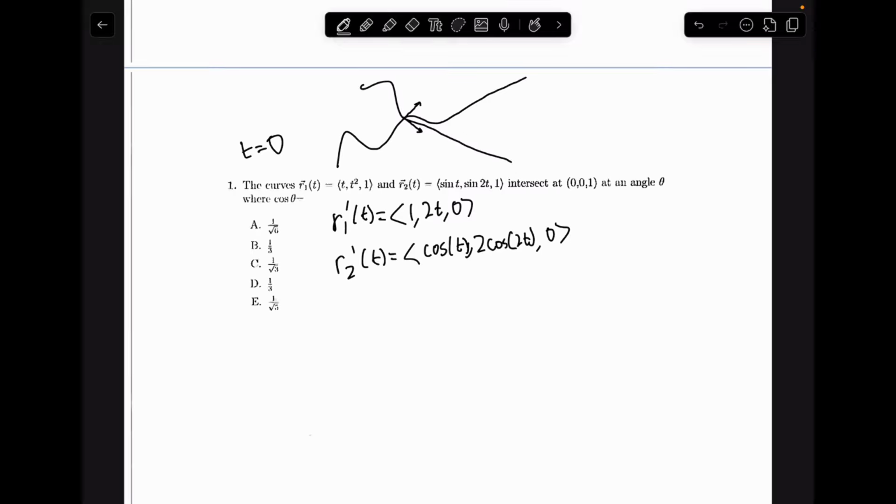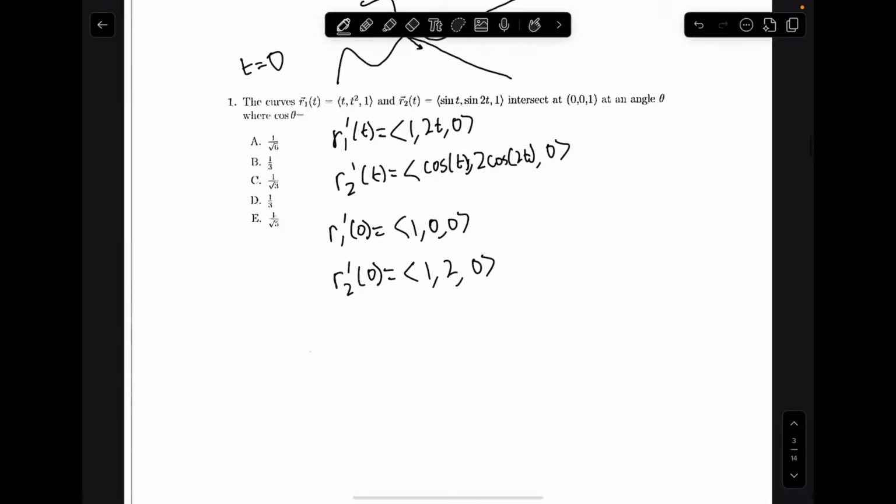Now let's plug in our t. r1 prime at 0 is <1, 0, 0>, and r2 prime at 0 is, cosine 0 is 1, and 2 times cosine 0, so 2, and then of course 0.